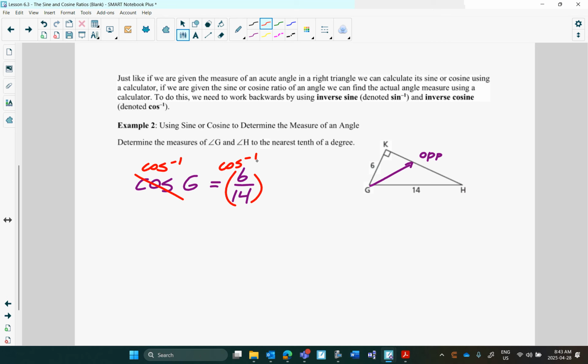So to find G, we're going to do the cos inverse of 6 divided by 14. And we're going to round it to 1 decimal place. 64.6 degrees is correct.